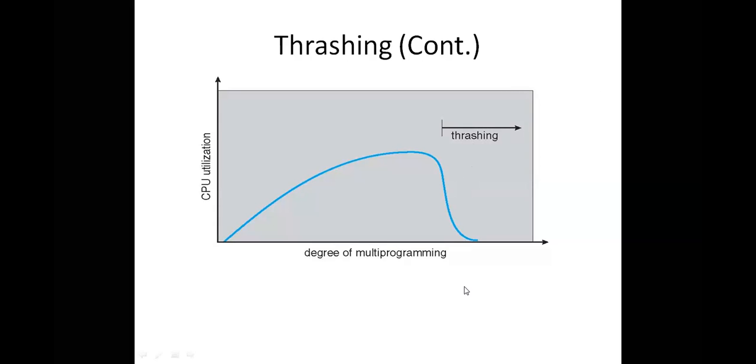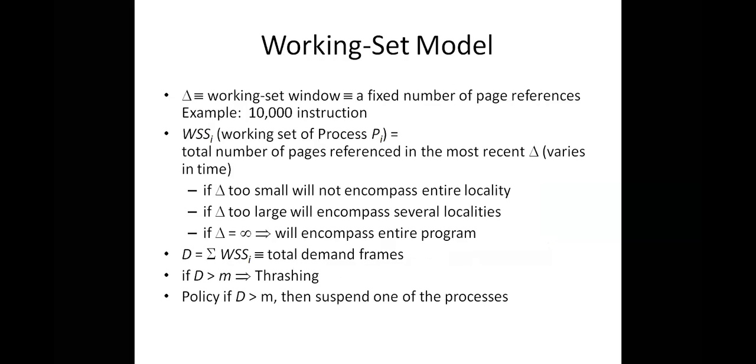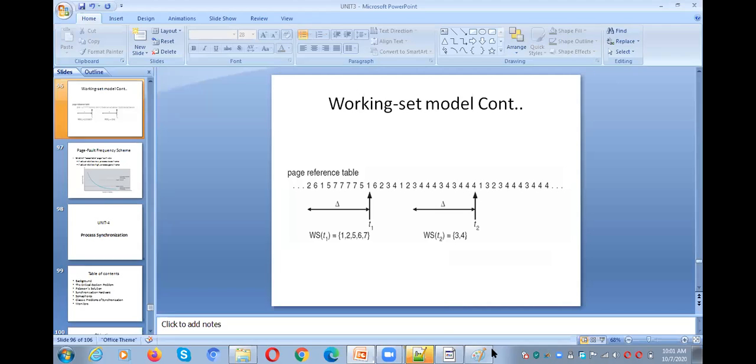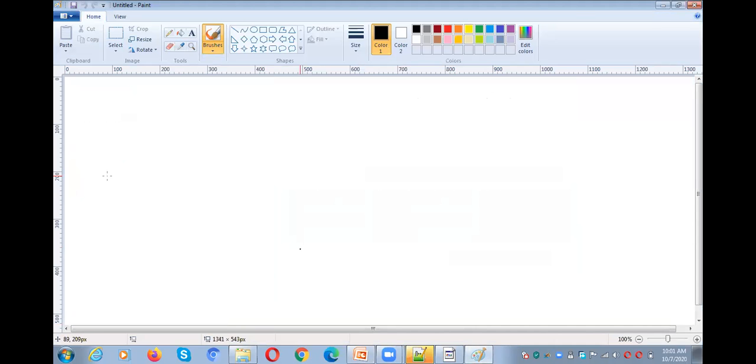So how can we avoid thrashing? Let me explain again with Paint. Why does a page fault happen? What is a page fault? The required page is not there in the main memory.